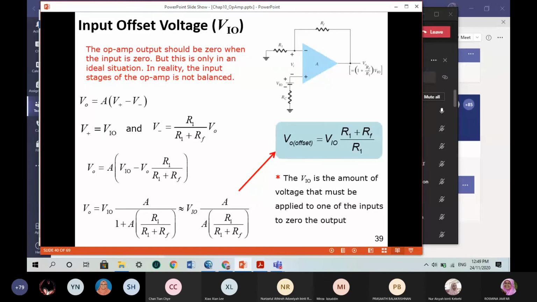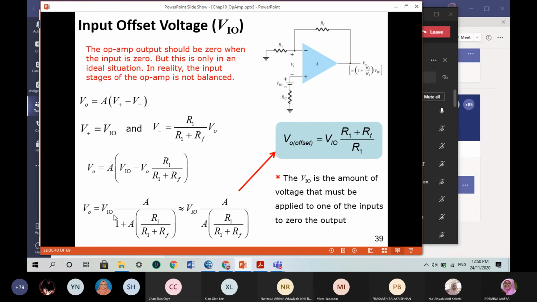So before the op-amp works, you have to adjust by giving the input offset voltage, VIO. And this VIO is because of the non-ideal situation. Okay, and V plus is actually VIO. V minus is R1 over (R1 plus RF) times VO.